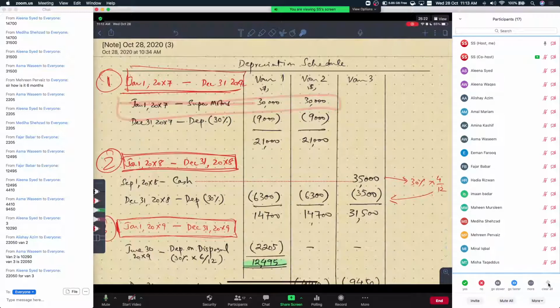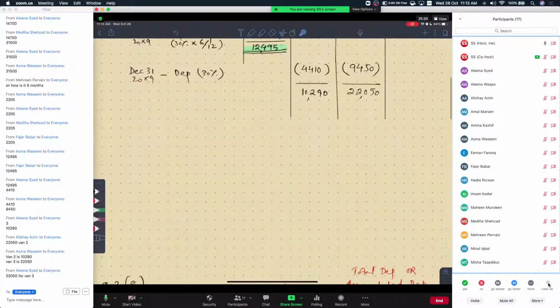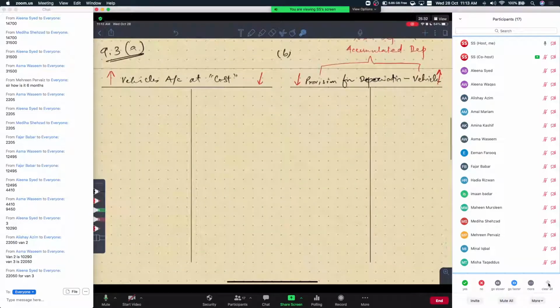On 1st of January 2007, you bought Good Vans, van 1 and van 2, from Supermotor on credit, $30,000 each. So when we come down here to record this event, obviously this is going to be recorded on the vehicles account, the debit side, since your vehicles asset is increasing.